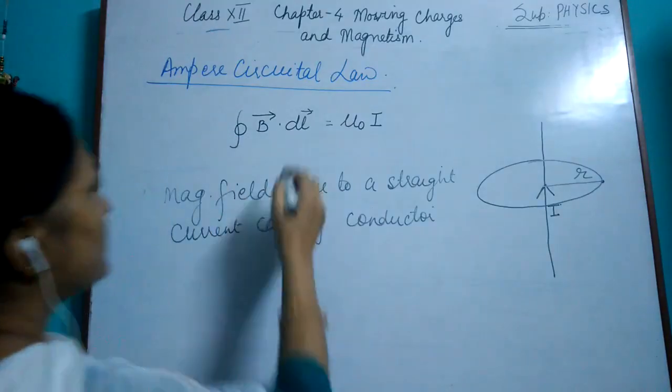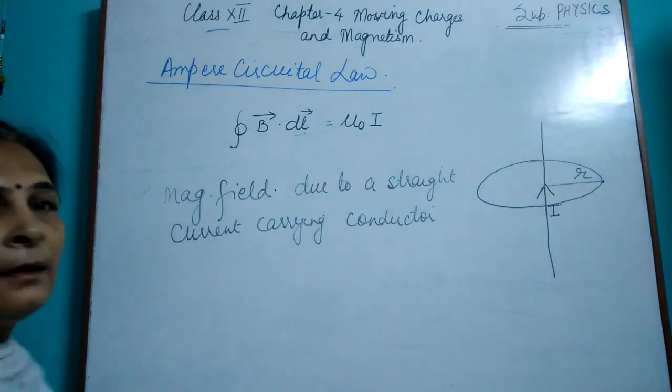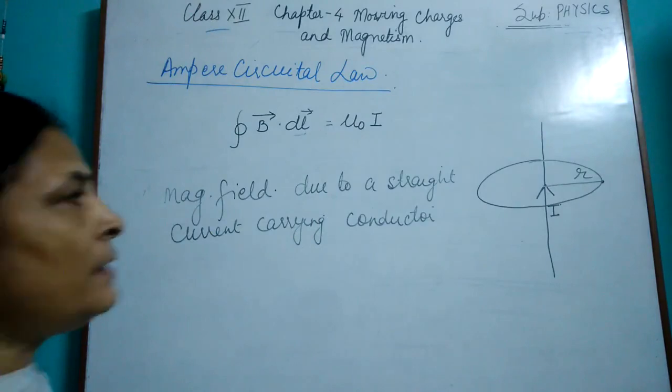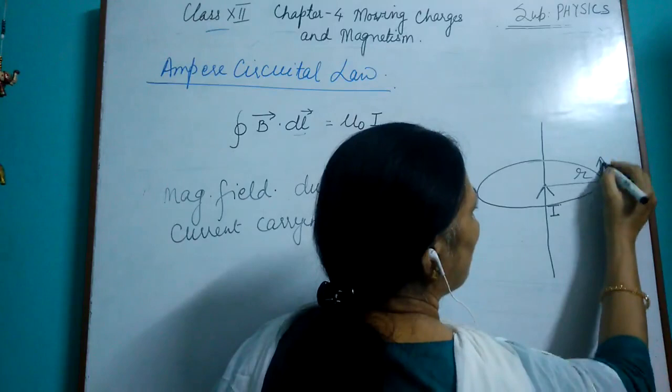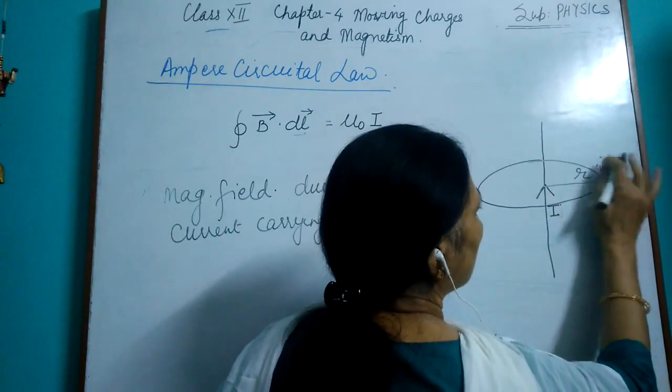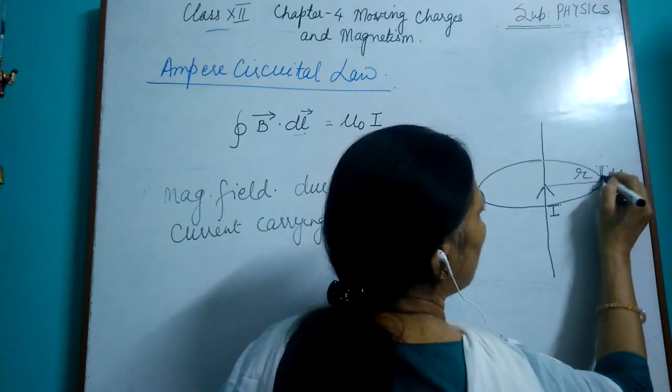Second step is to take a current element. So this will be taken as a current element here, a small part of it.